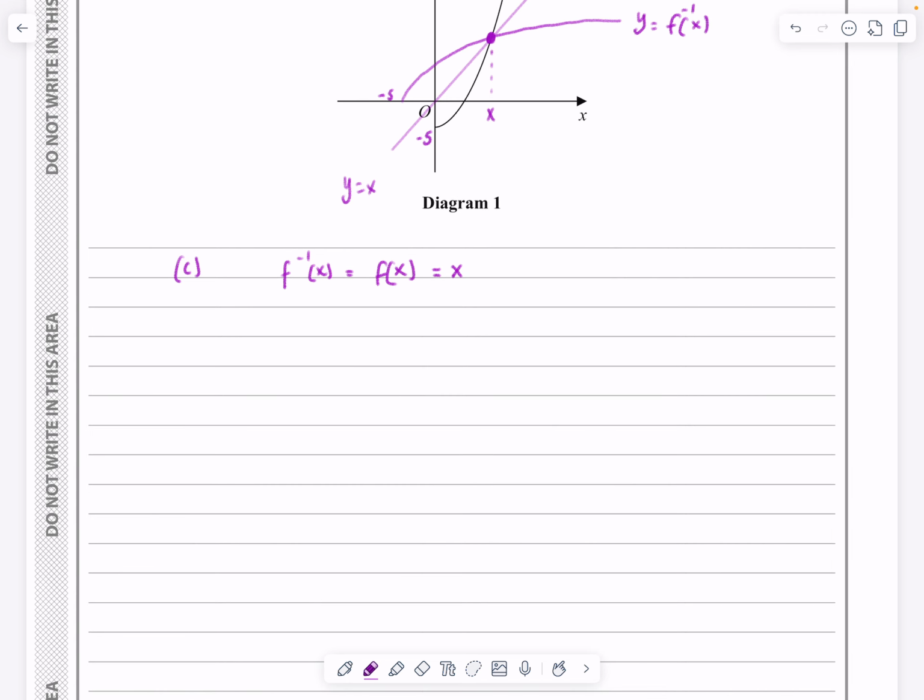So f(x) was 2x squared minus 5, and I want to find out where that equals x. So that's now just a matter of solving that.